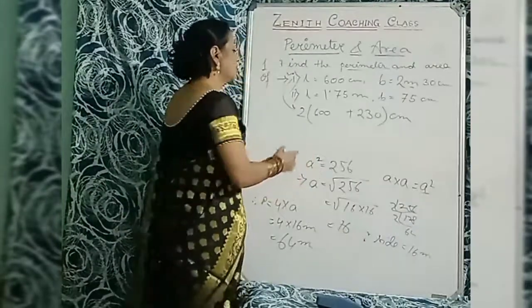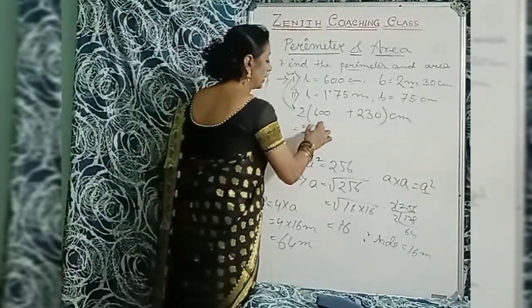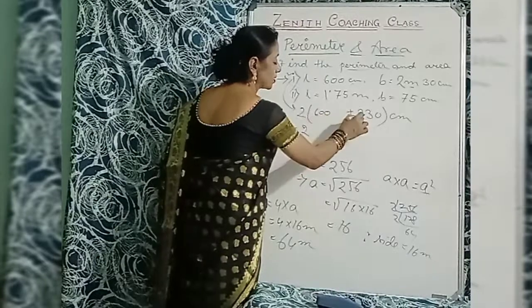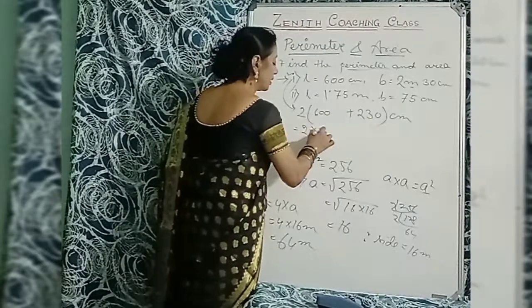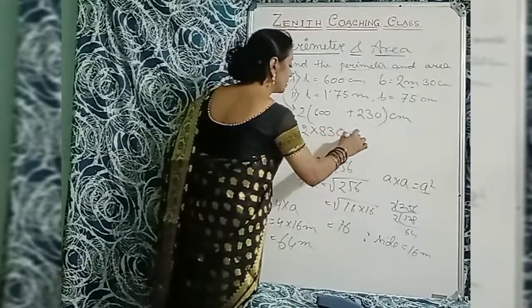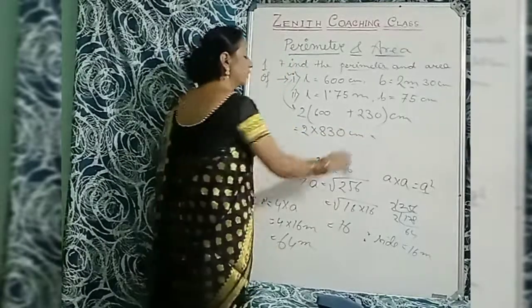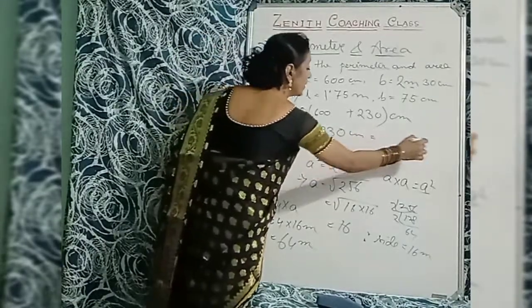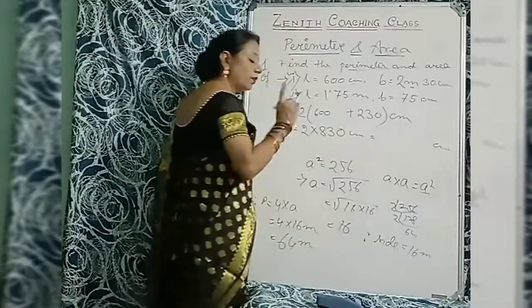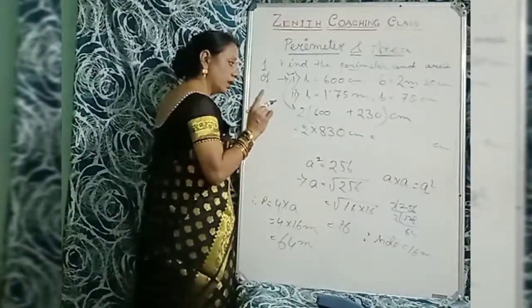Okay, children. So 2 multiplied by (600 plus 230), that is 830. So 830 centimeter. Don't forget to put the unit.